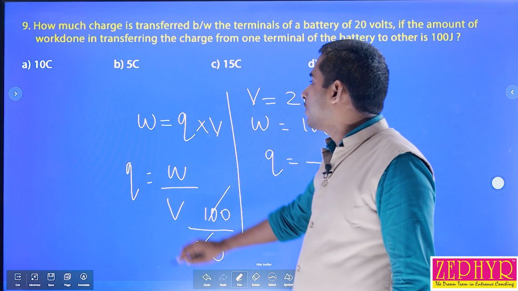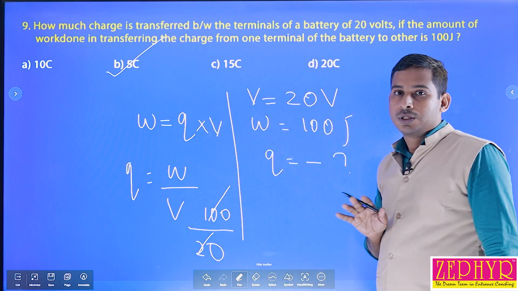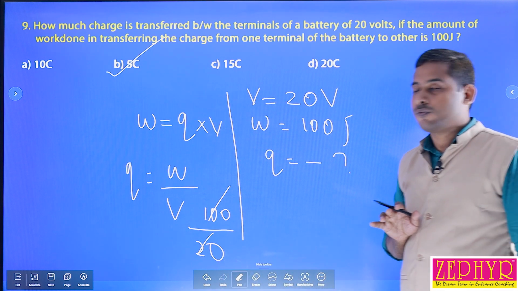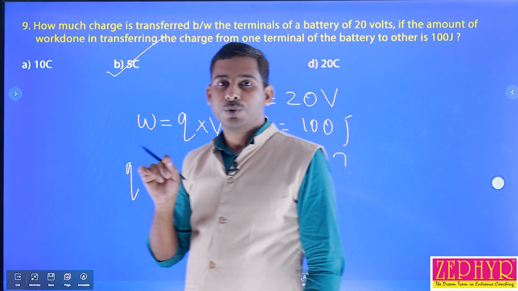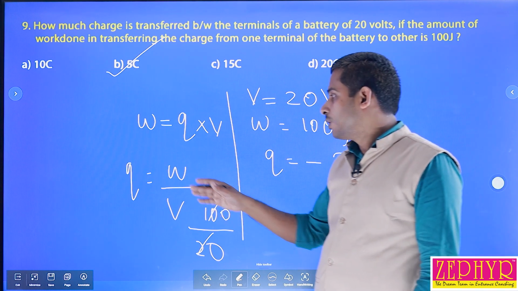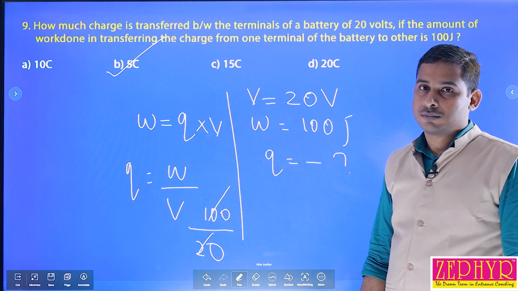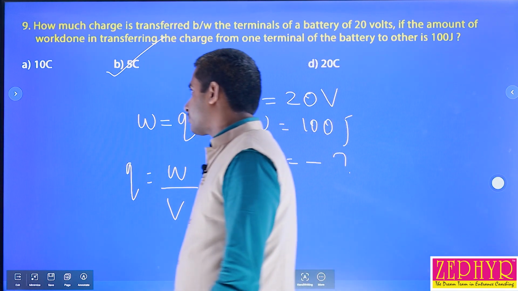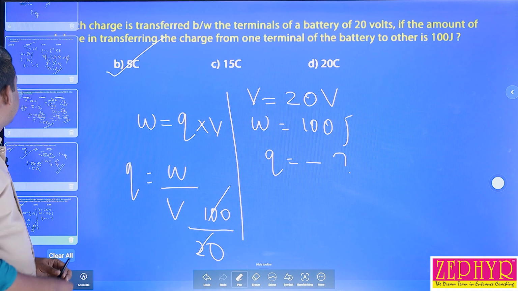That is nothing but 5 times. So our answer is 5 coulomb. So keep in mind the equation of work done, W equal to Q into V. In the question they are asking Q, so we can say Q equal to W by V. Easy question only. Next, I am moving to the 10th question.